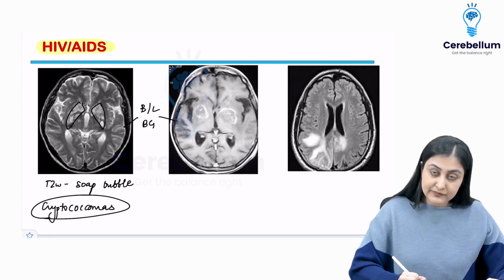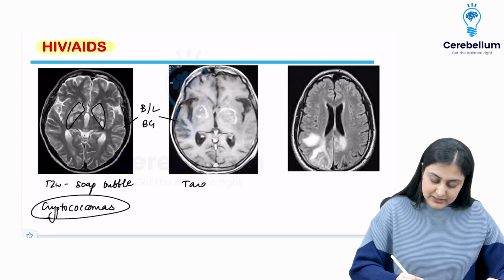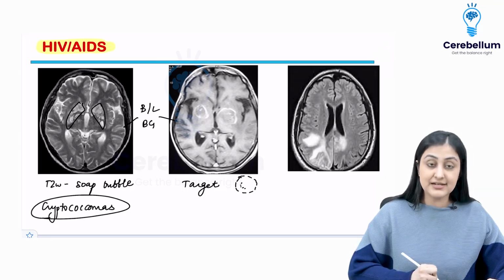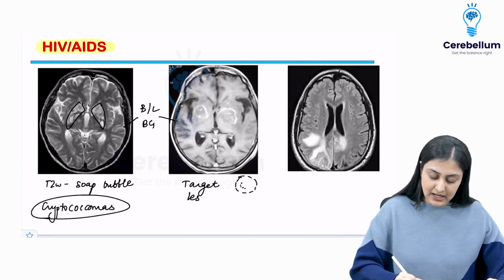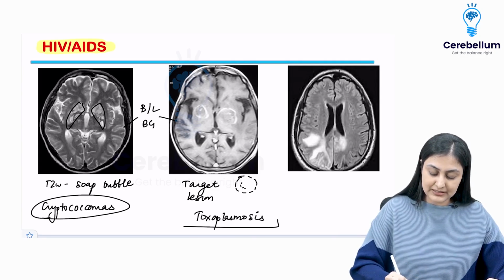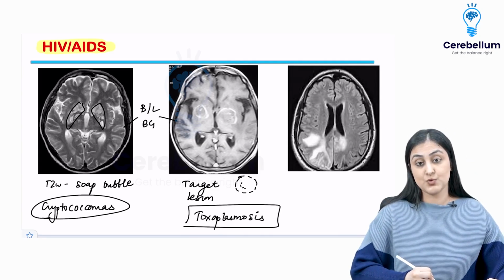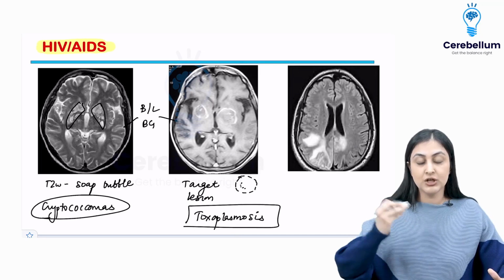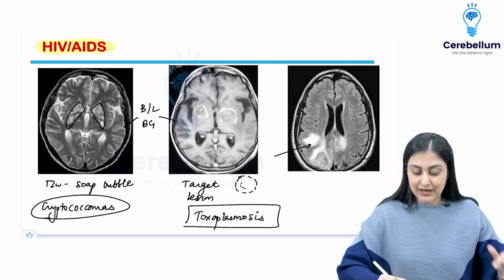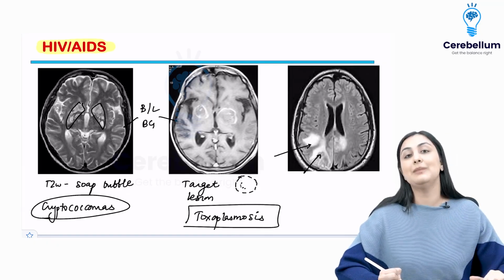If you have been given a post-contrast image wherein they are showing you these ring-enhancing target lesions where there is peripheral and eccentric central enhancement, this is called as a target lesion, and the diagnosis is the most common space-occupying lesion in the brain in HIV, toxoplasmosis. Yeah, so overall this is the most common infection that we have. And the third one, where you have asymmetrical white matter involvement.